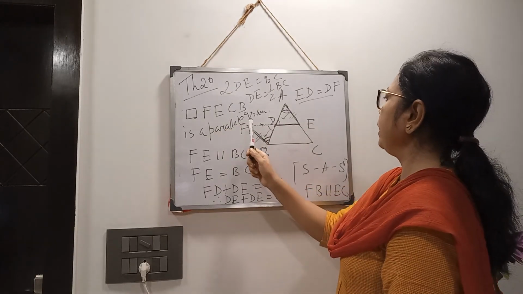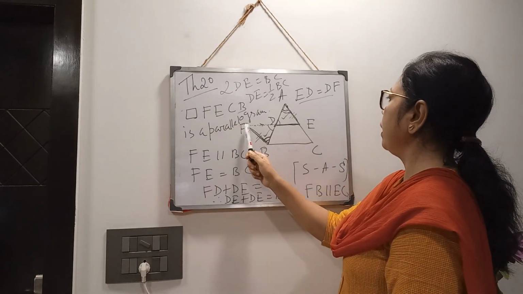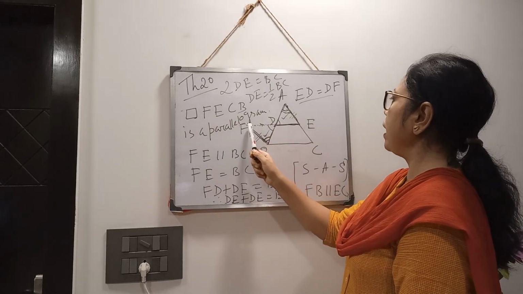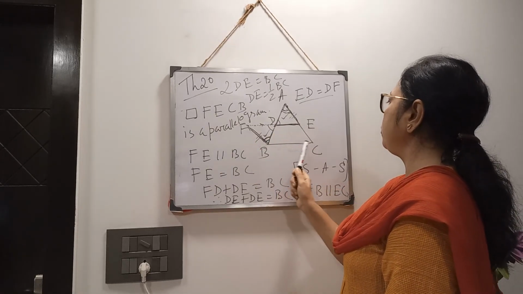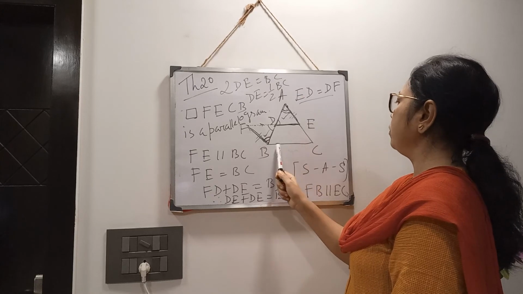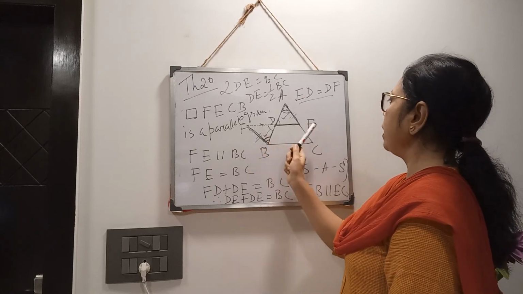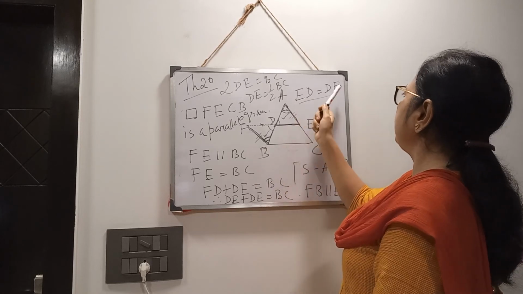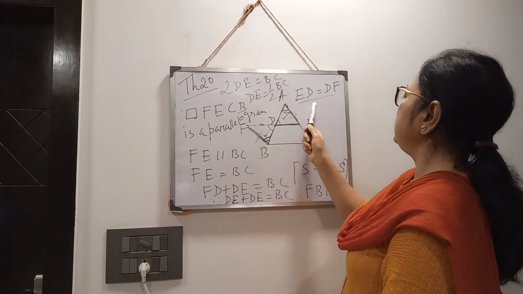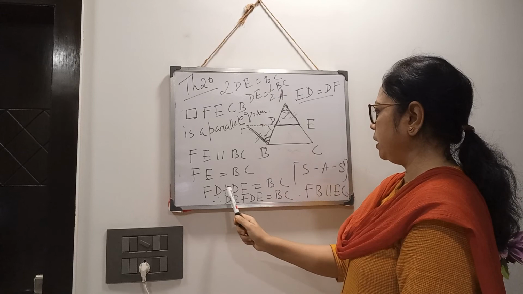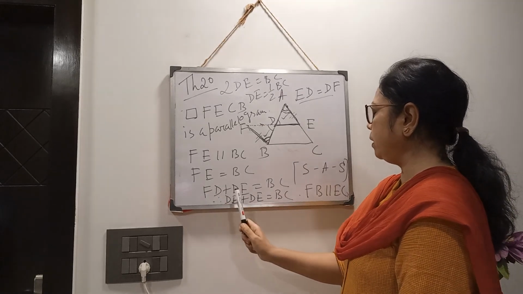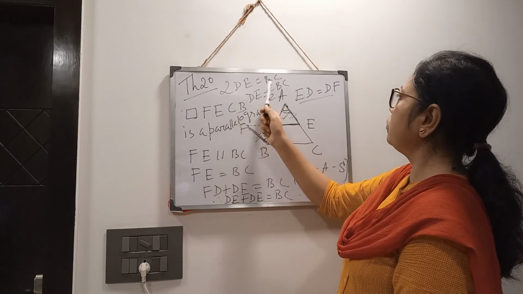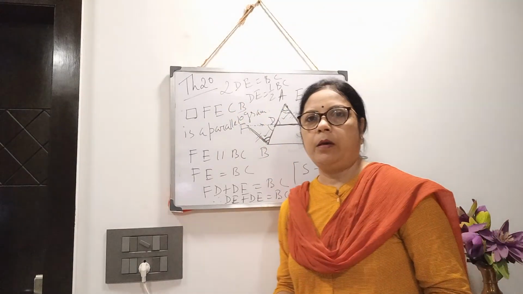So we are getting FECB is a parallelogram. So we can write FE is parallel to BC and FE equals BC. Now you break FE as FD plus DE, and FD equals DE according to my construction. Then I have replaced FD by DE, so DE plus DE equals BC. So twice DE equals BC, DE equals half of BC.